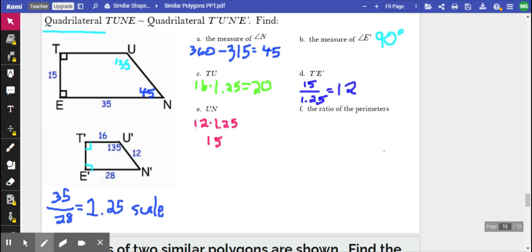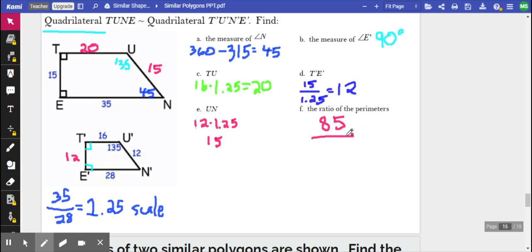And if we want to add up all the sides for the shape we have here, we know we had a 20 up here earlier, and UN we just found was 15. So we're really just going to figure out the scale between the perimeter of the bigger and smaller ones. If we add up all the sides of our big shape, we would have an answer of 85 for our larger shape.